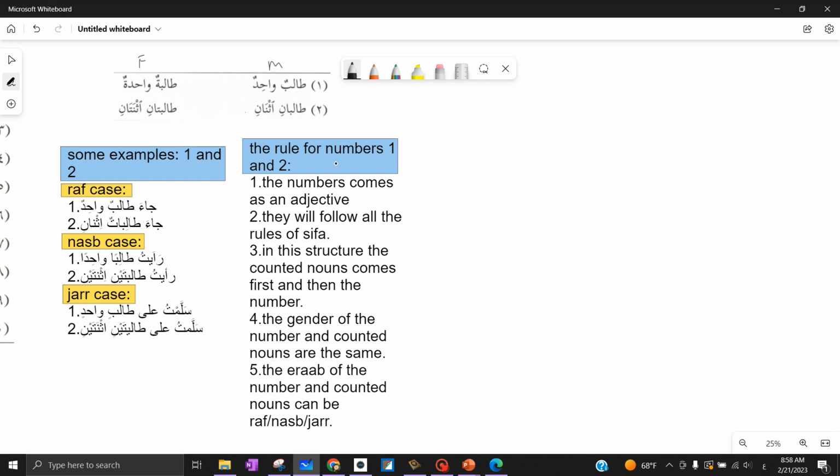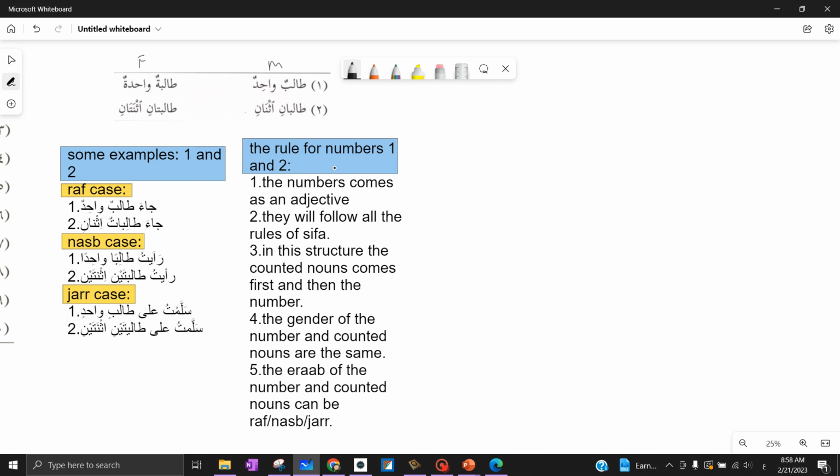I have written all the points collected in one place, and what you should know for 1 and 2 rules. Whatever you learn, now know that in Arabic, the rules that come for 1 and 2 are different, and from 3 to 10 are different.